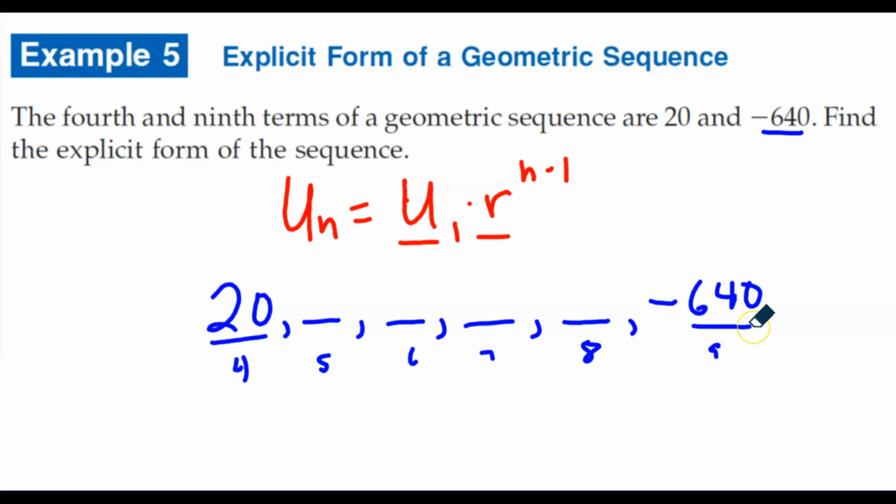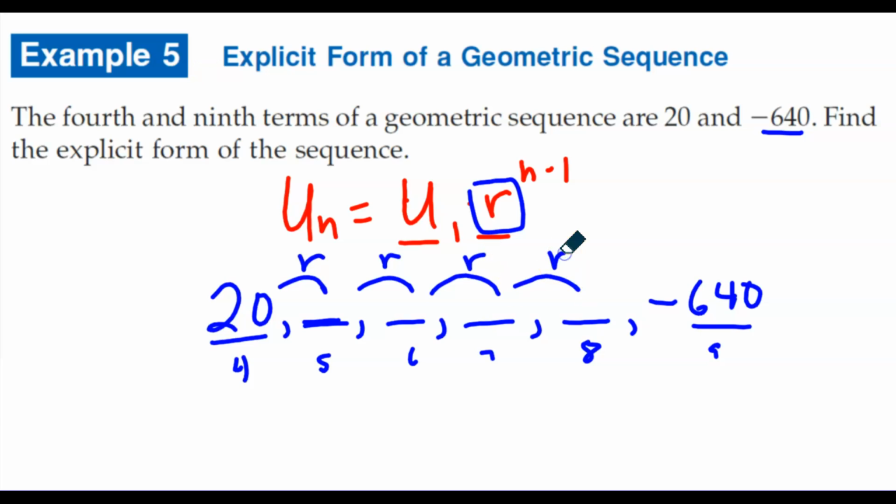Alright, first thing we're going to try to do is figure out what the common ratio is. The common ratio is the number I multiply each term by to get the next term. So if I start with 20, to get the next term I have to multiply that by r. And then to get to the next term I have to multiply that by r. And to get to the next one, I multiply by r, next one, multiply by r.